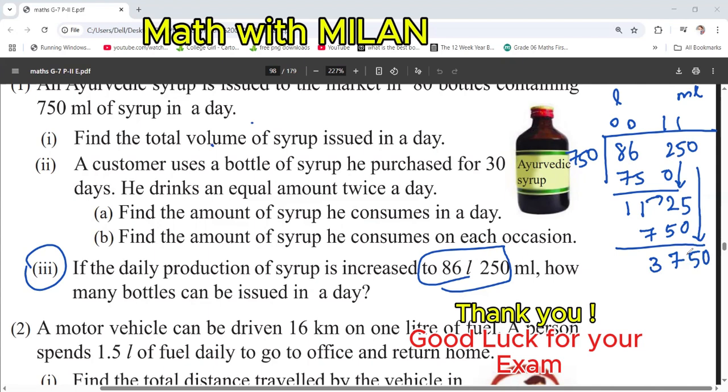So we need to find how many 750s are there. For that you have 5 750s, right? 5 into 750 is 3,750 with 0. So therefore here you can produce 115 bottles, right? This is the answer.